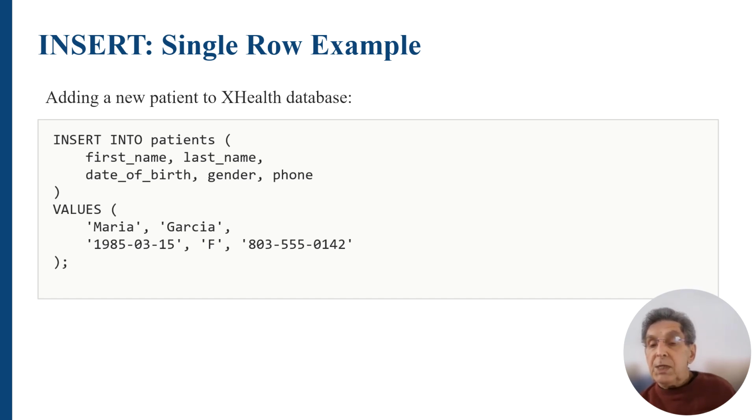What about columns we didn't mention, like address or email? Those will be initially set to null, assuming those columns are allowed to have null values. If you don't specify a value in a column and it has NOT NULL specified, then the insert will fail.